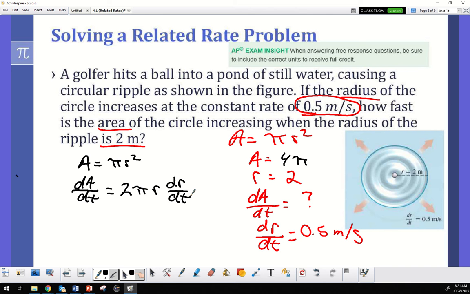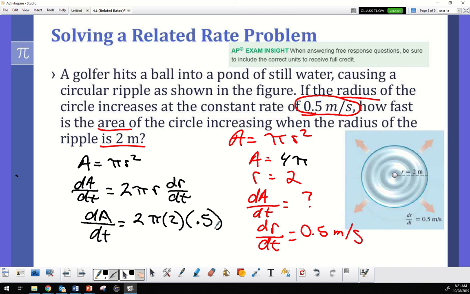And now let's plug in the information that I know. What information do I know? I know the r, and I know dr/dt, right? So my dA/dt is equal to 2 pi times 2 times 0.5.